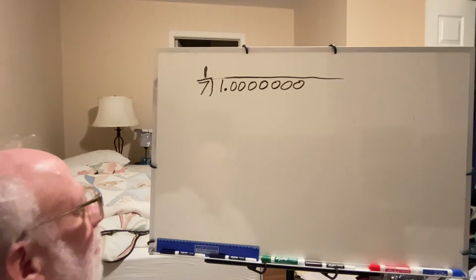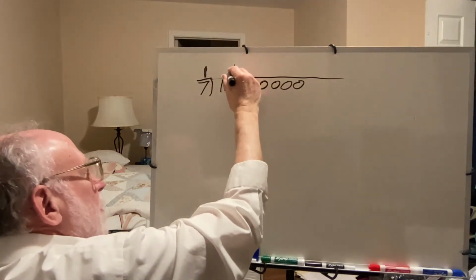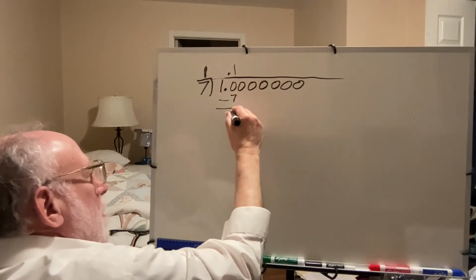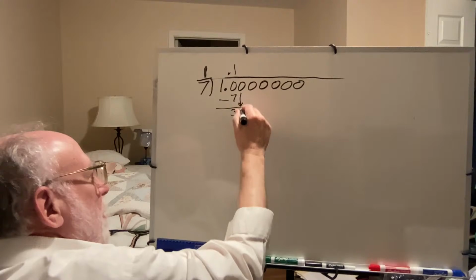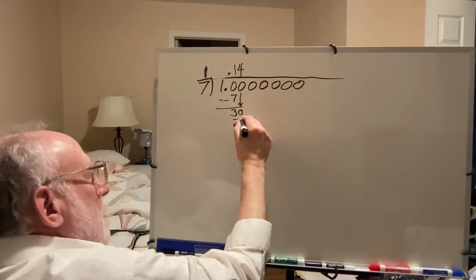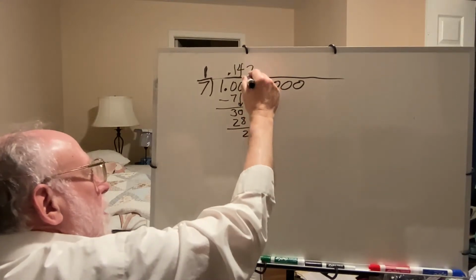So we have 1 times 7 is 7. We bring down, and 4 7s are 28. Then 2 7s are 14.